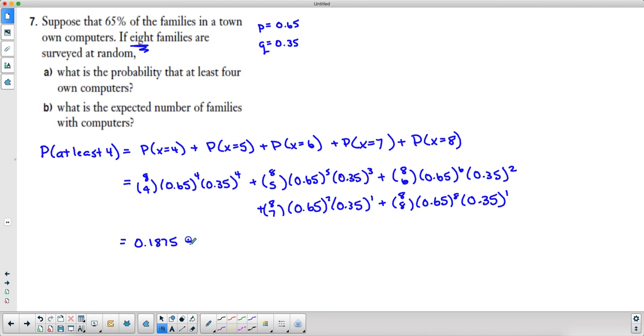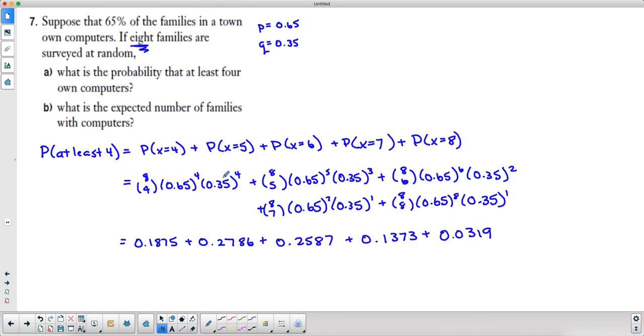Now, if you multiply all of these out, you're going to get 0.1875 for the first one, 0.2786 for the second one, 0.2587, 0.1373, and 0.0319. Now remember, when you're doing this, you might want to put stuff in brackets.